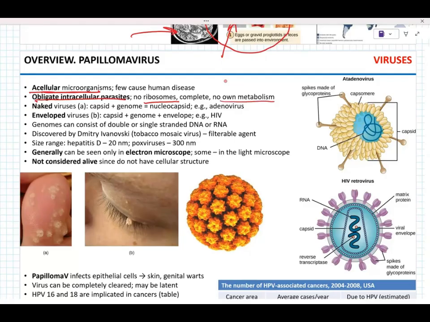Structurally, viruses are generally divided into naked viruses, which consist of the nucleic acid genome and protein capsid, and enveloped viruses like HIV, which have a nucleic acid genome, a capsid, and the envelope that consists of phospholipids stolen from the cell and viral proteins.